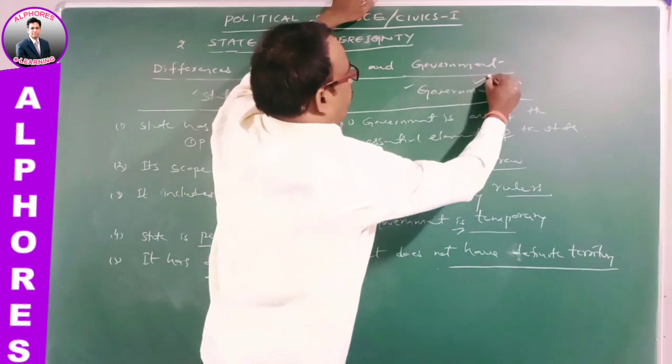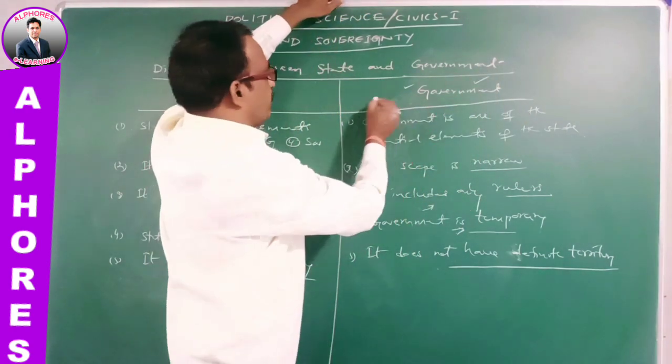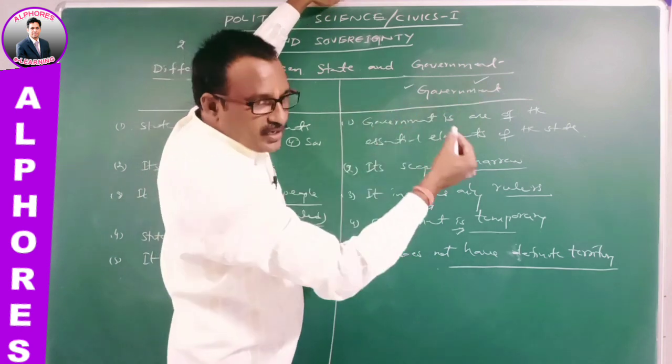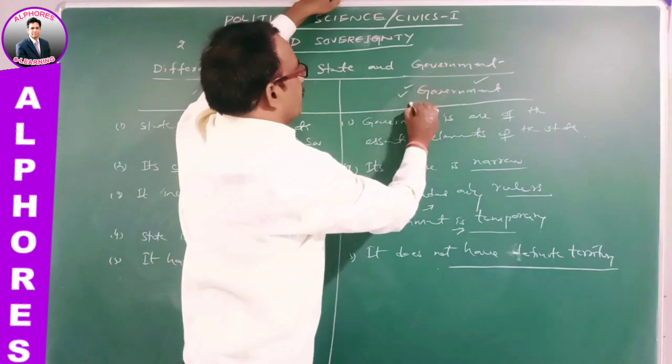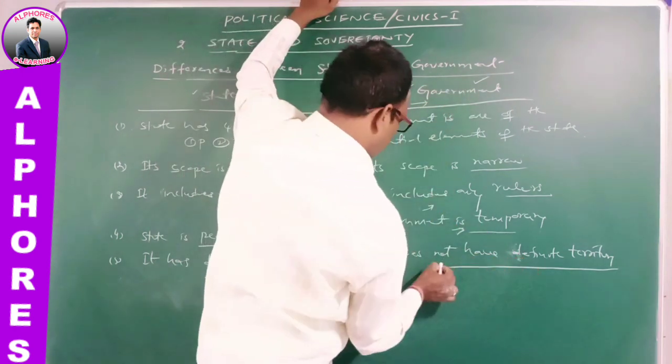It can form and run from anywhere. Okay, example, before 1947, India was ruled by the British government from where? England. And so it can form and run from anywhere. Hence it does not have any different territory.